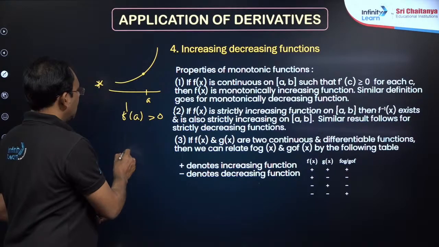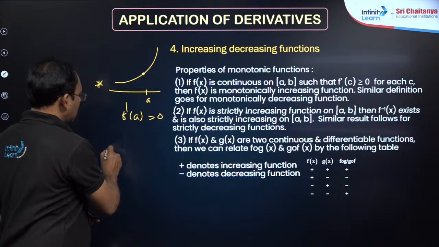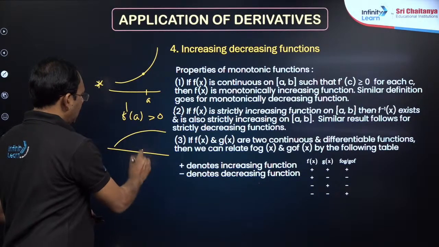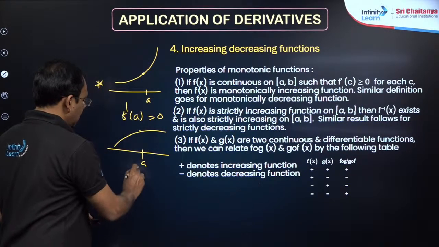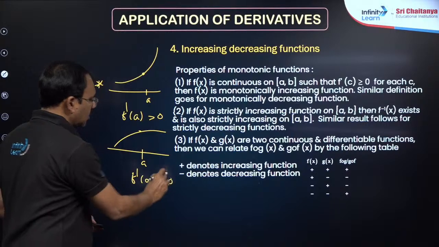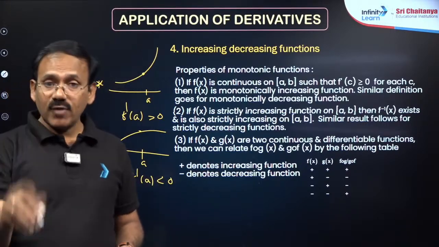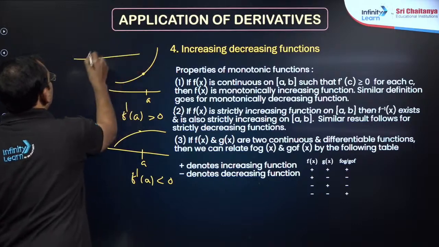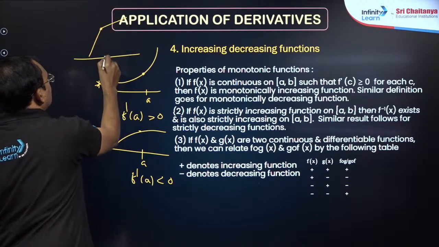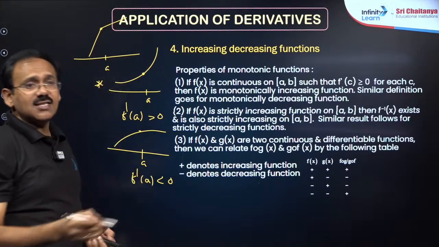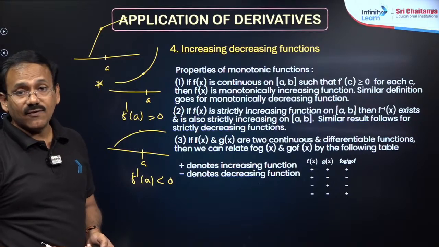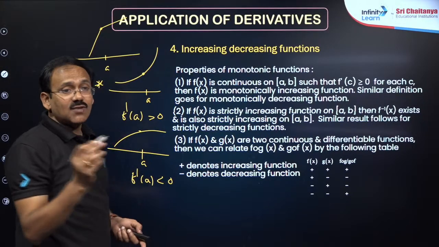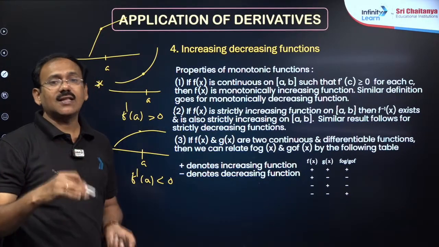Decreasing means if a function is strictly decreasing at a, then f dash of a is negative. There may be a case where the derivative does not exist. For example, you have taken a graph like this. Here the derivative does not exist, but still it is increasing. So you have to check with the definition in that case. If the derivative is 0 or does not exist, check the definition.